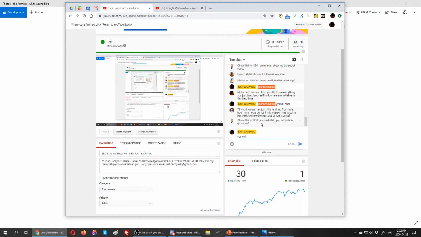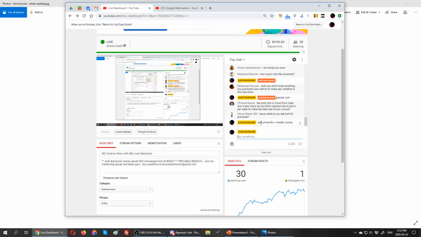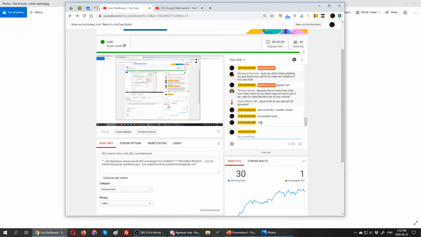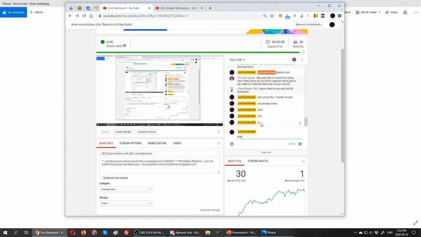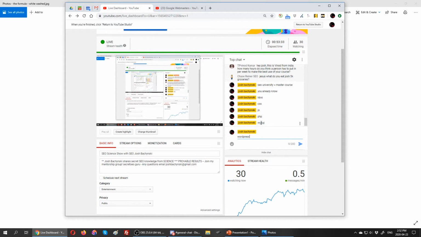A master course assumes you already know HTML, CSS, and JS, and you understand how PHP and MySQL work. You understand WordPress at the base level, or whatever CMS you want to use. You don't have to be able to program in JavaScript and PHP, but you have to understand these things well enough that you can go change something.